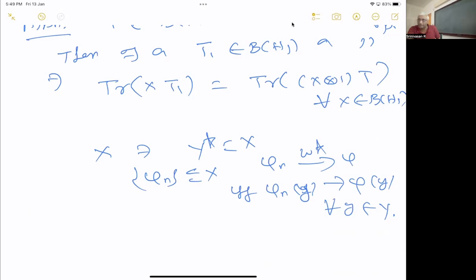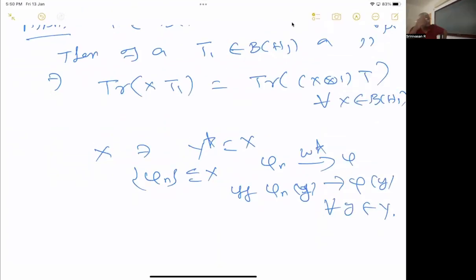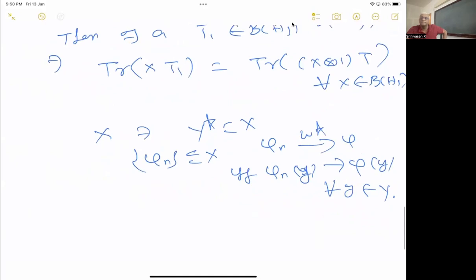B of H is a dual space, the dual of the trace class operators. Just think about it and you can give the right argument.